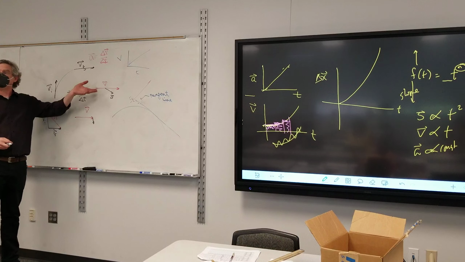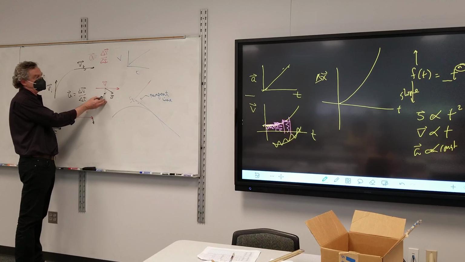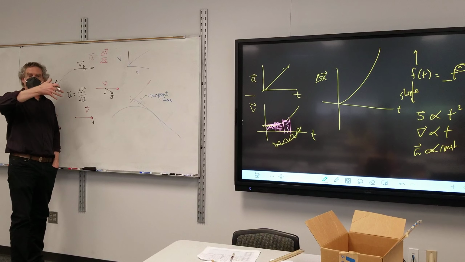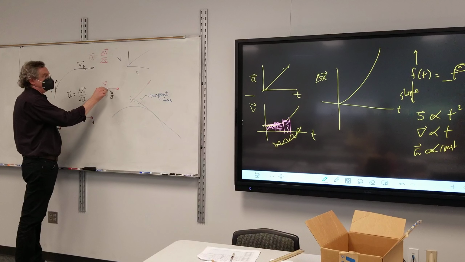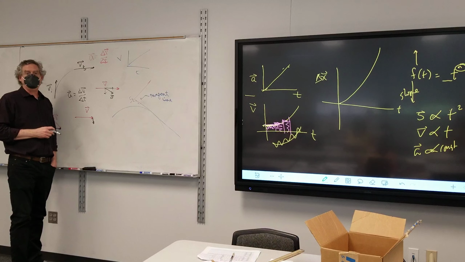So what's going to happen here is that the perpendicular component is going to cause a change in direction. The component that's in the same direction as velocity will cause a change in speed.